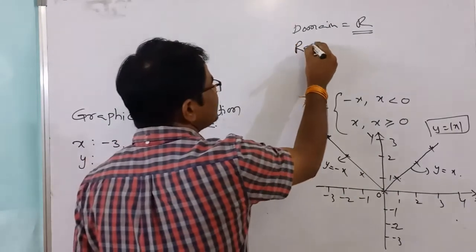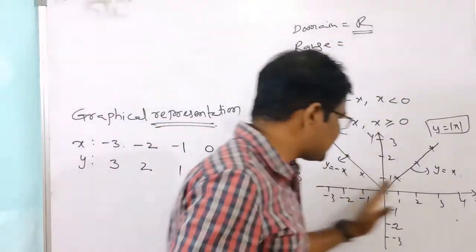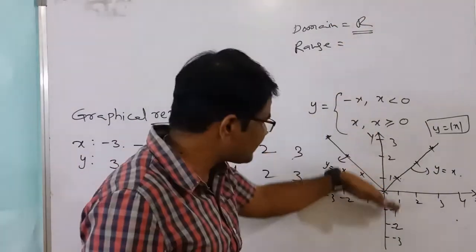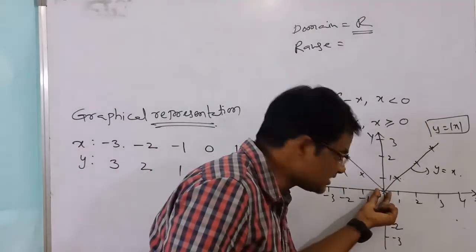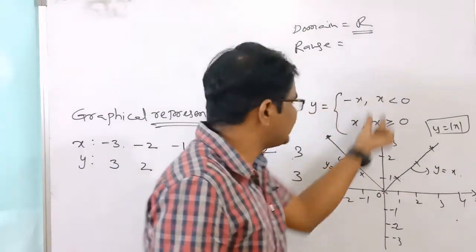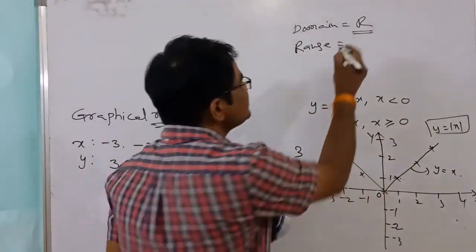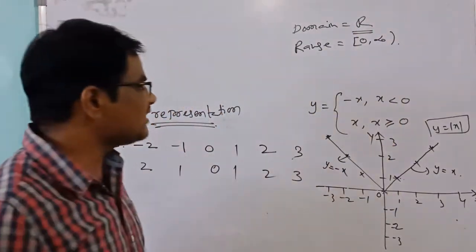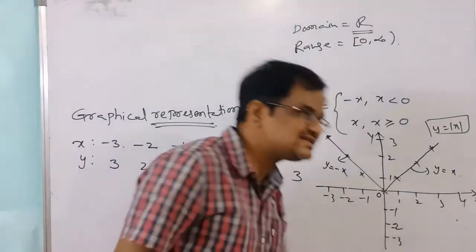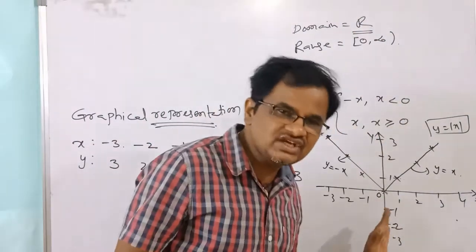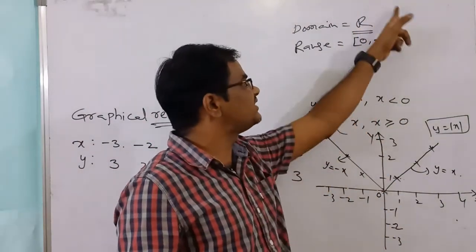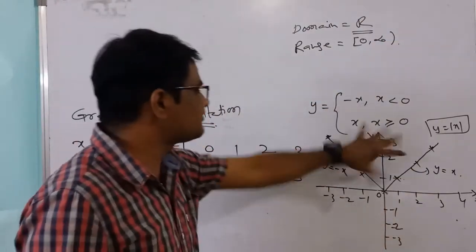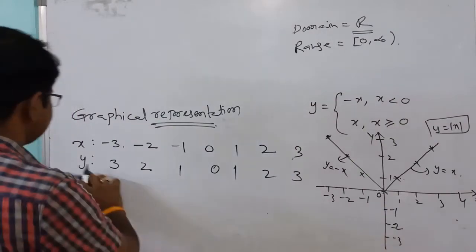Once you observe, according to these X values, the existence of Y values, the graph exists from 0 to infinity on the Y axis. Means closed interval 0 to infinity. So the domain of the modulus function is the real numbers and the range is the closed interval 0 to infinity. This is important. So now this is the graph of the modulus function.